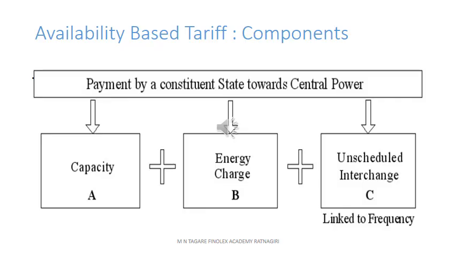Similarly, the distribution company declares that it will require this much power. Both of them meet at one conclusion, that I will be generating this much and I will be consuming this much. This is the schedule between the two parties, called scheduled power.